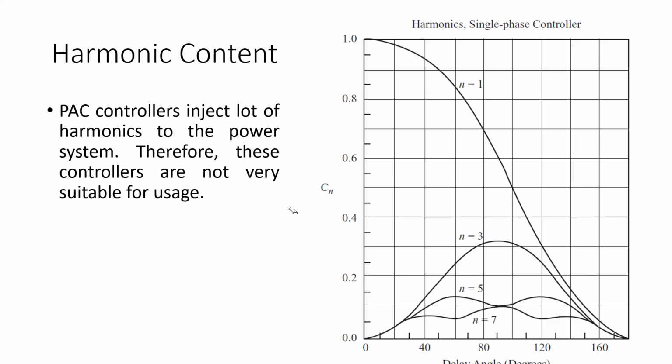Cn is the amplitude of the harmonic component, and we have curves representing it, and this is the degree angle, that means the gate firing. So this is the alpha angle, and with alpha you can see how the output voltage differs.